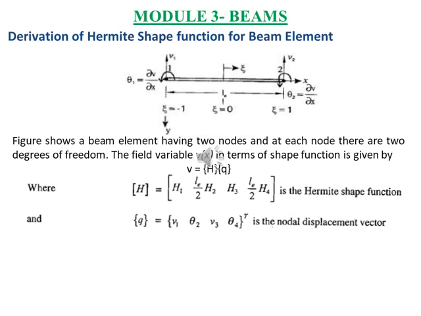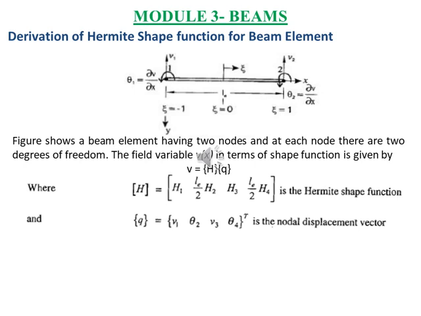So in this slide you can clearly see a beam element that has been drawn. It has two nodes, 1 and 2. At node 1 you have theta 1 or the slope del v by del x, and at node 2 you have the second slope del v by del x, theta 2.